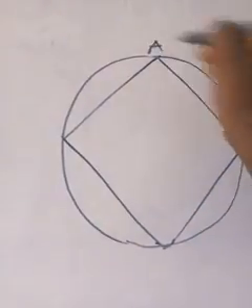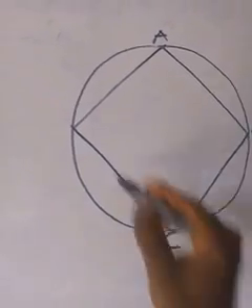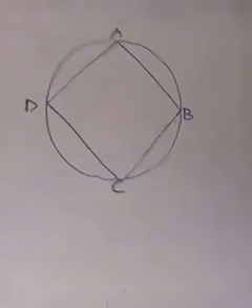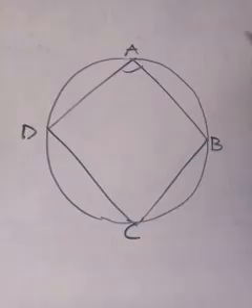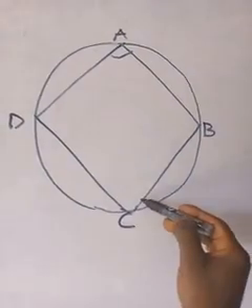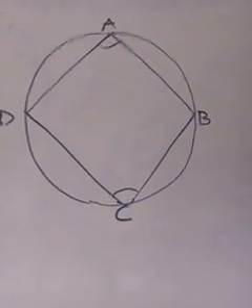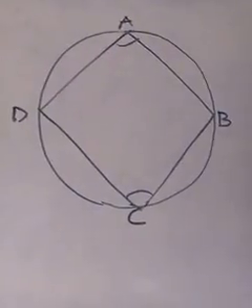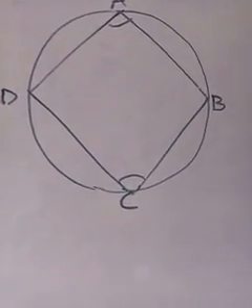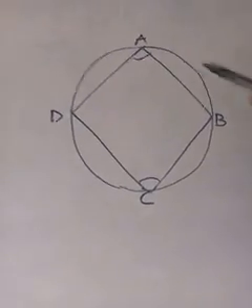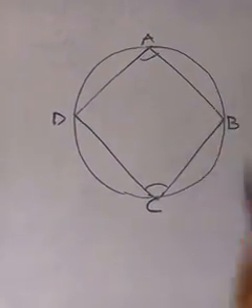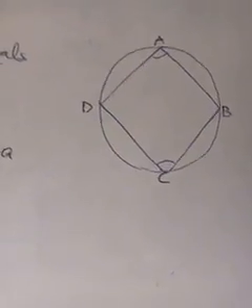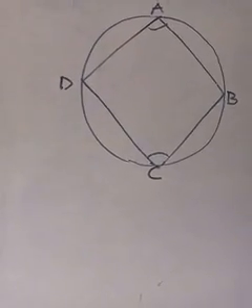I label A, B, C, and D. We want to prove that angle DAB plus angle DCB is equal to 180 degrees, or angle CAD plus angle ABC is equal to 180 degrees. Whatever we do for these two angles, the same applies to the other two. And don't forget, the sum of all the four angles is going to give us 360 for a cyclic quadrilateral.